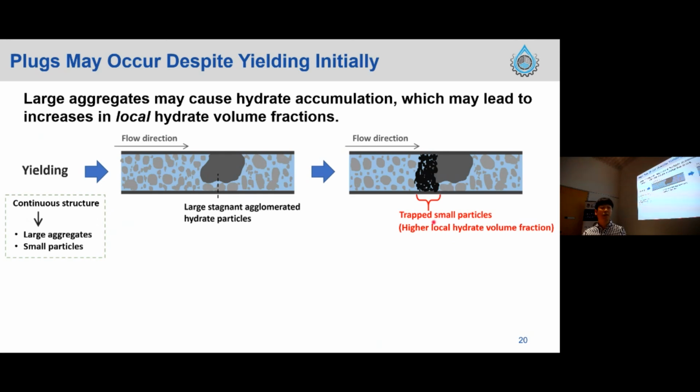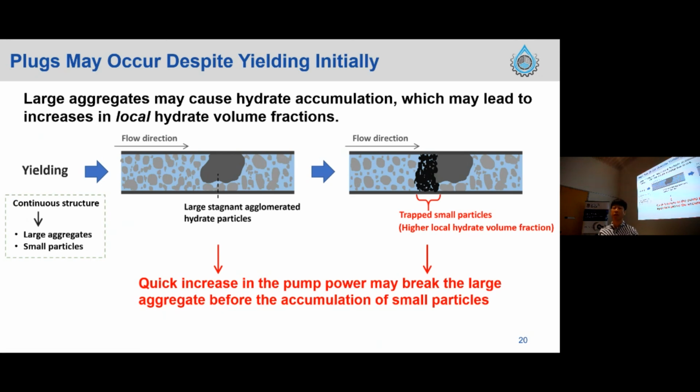This may result in a higher local hydrate volume fraction, and this may cause hydrate plugging. But if you apply quick restart operations, large hydrate aggregates like this may be broken immediately, within a relatively short period and before the accumulation of hydrate particles at this point. If this happens, hydrate plugging may not occur.